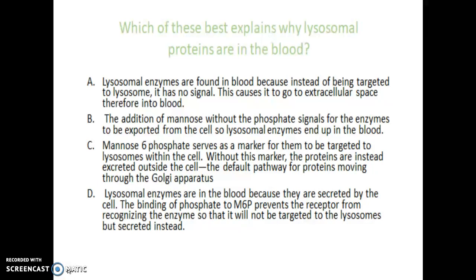It just doesn't have the mannose 6-phosphate added to it, and so A is pretty good. The reason I don't like B is because the mannose without a phosphate is not the signal to be exported from the cell. Export from the cell is the default pathway.